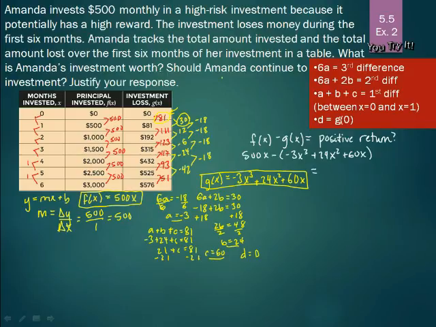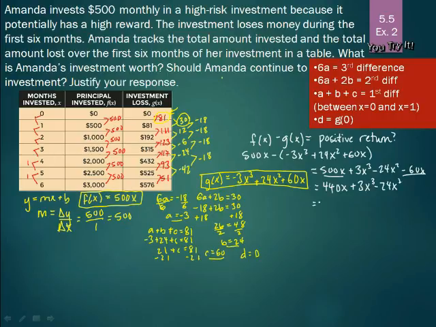So just distributing out, we get 500x minus negative 3x cubed, so that'll be plus 3x cubed, and then minus positive 24x squared, and then minus 60x, that's just distributing the negative to each term. Then we combine like terms, which gives us 440x plus 3x cubed minus 24x squared.